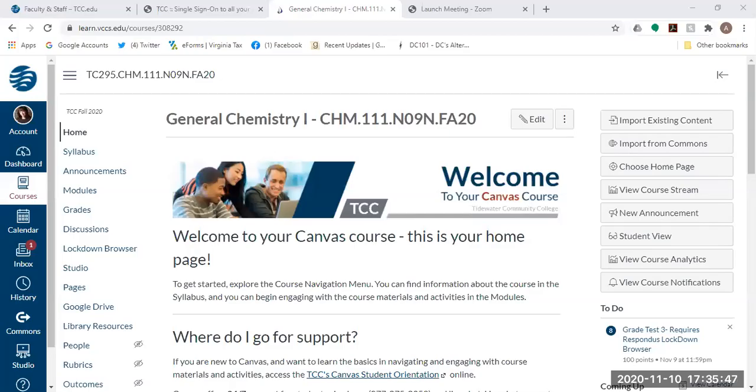All right, let's see if I can get Zoom to cooperate here. All right. Share screen. All right, so this is when you land on the lecture portion, and as you're going down the side here, it's got syllabus, announcements, modules, grades, discussions.